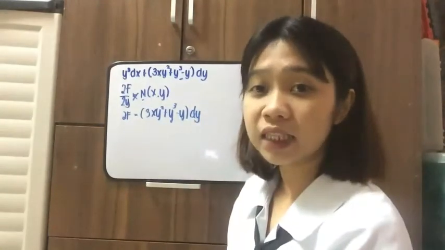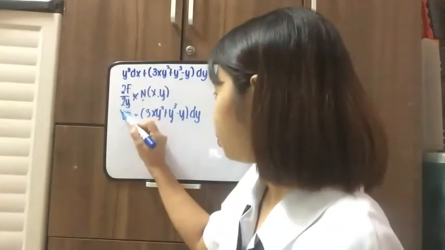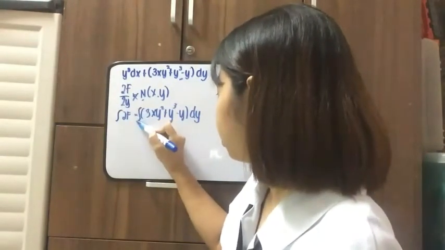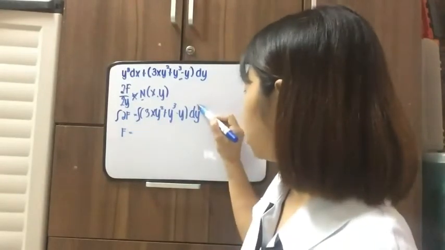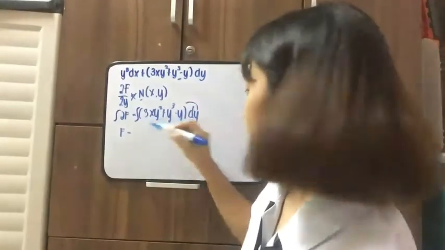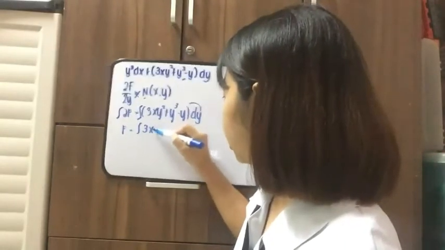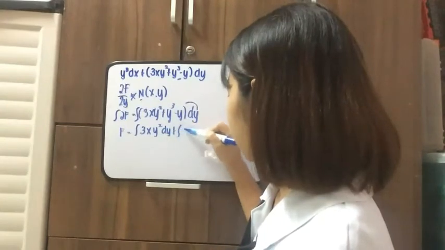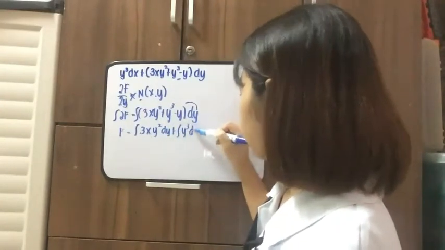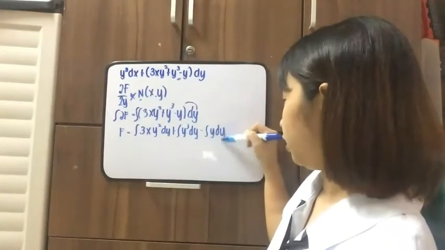So, the next step is we have to integrate both sides. We have f, then we need to distribute the dy. We have integral of 3xy squared dy plus integral of y cubed dy minus integral of y dy.